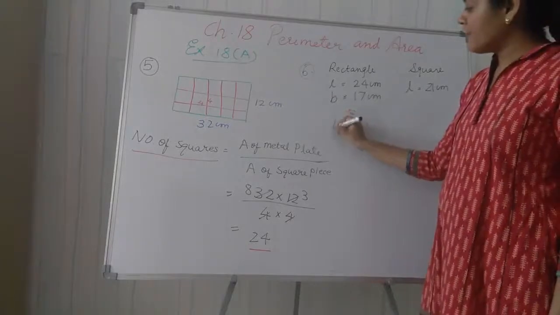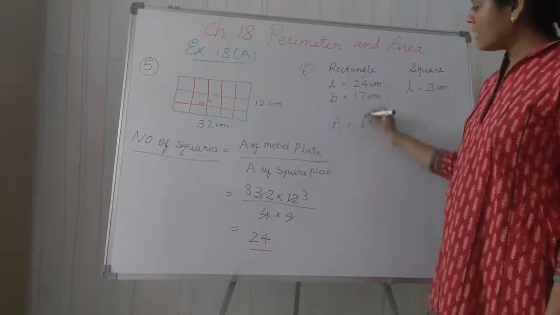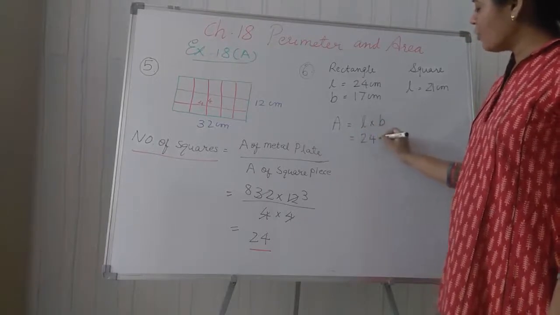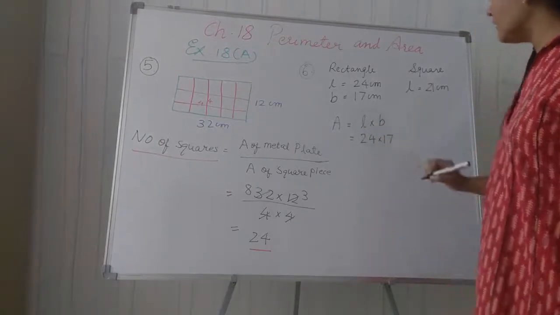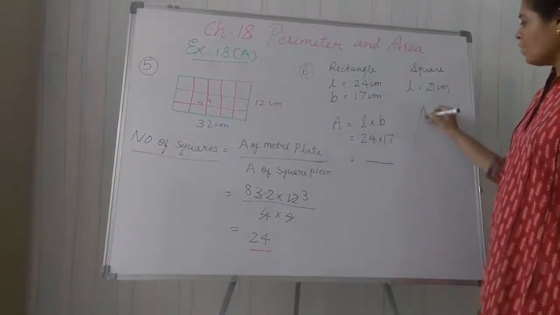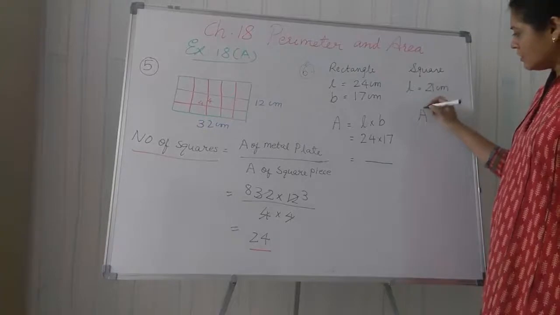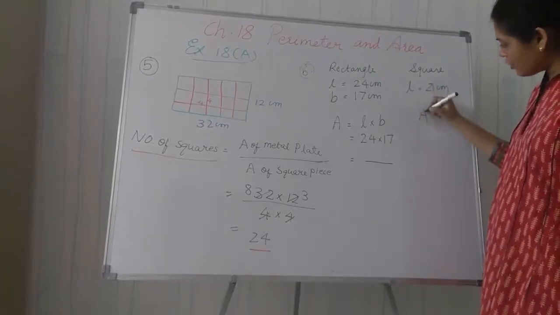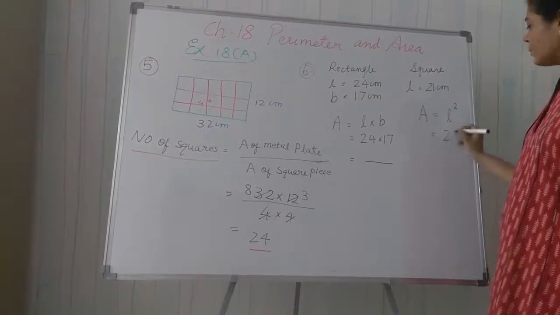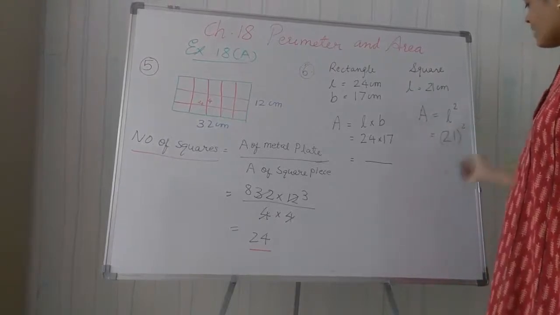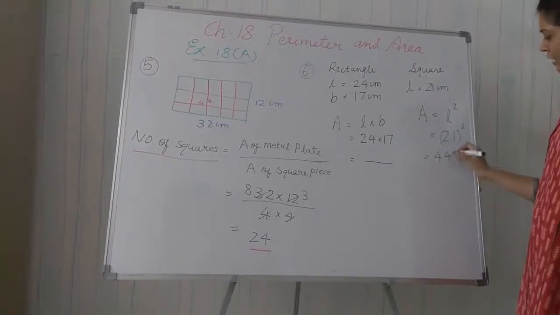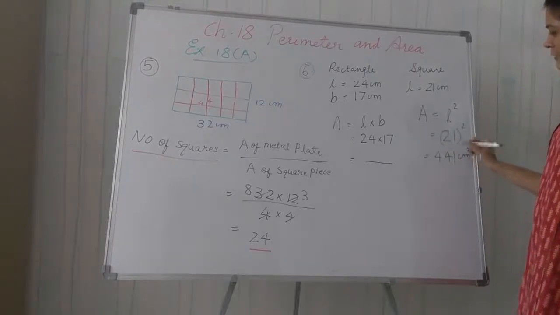So first of all, finding the area of rectangle by taking length multiply breadth is equal to 24 multiplying 17. So let us take the multiplication here, and also the area of square. The area of square formula is L square. So we have here 21 square. Right? And we all know 21 square is 441 centimeter square.